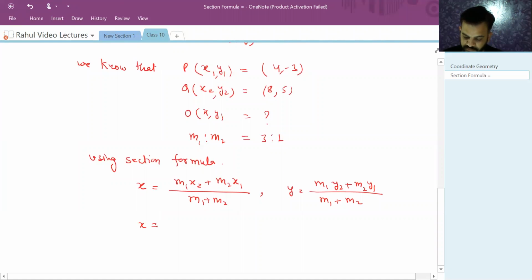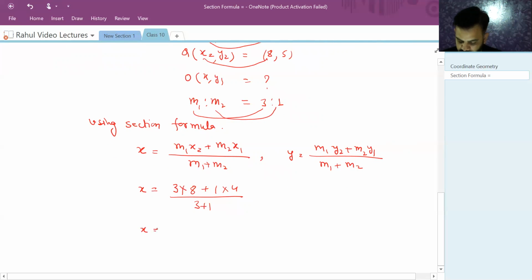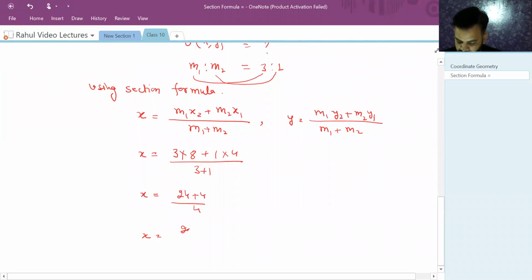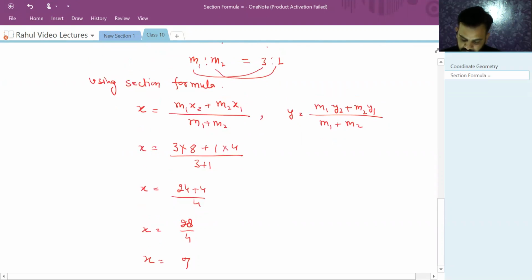So x will be M1 which is 3, and x2 is 8, plus M2 which is 1, multiply x1 which is 4, divided by 3 plus 1. So x will be 3 times 8 is 24 plus 4 divided by 4. That will be x equal to 28 divided by 4. x equal to 7. That is your first point.